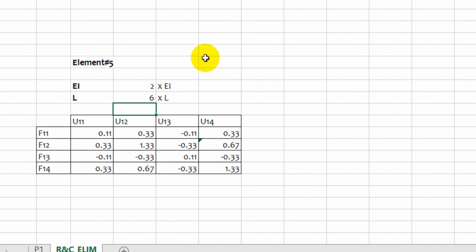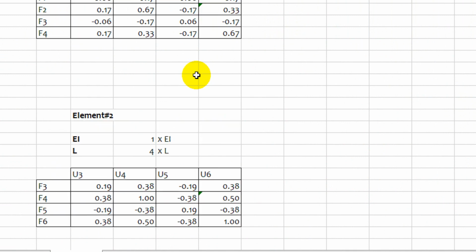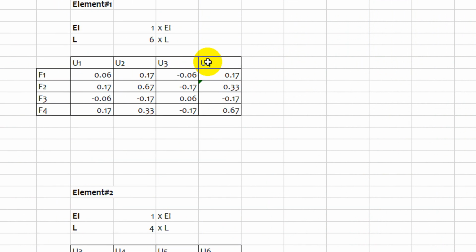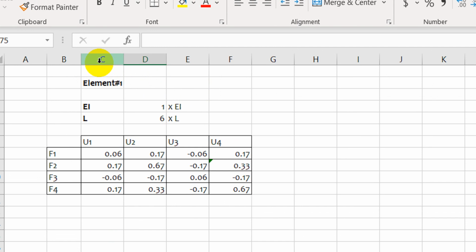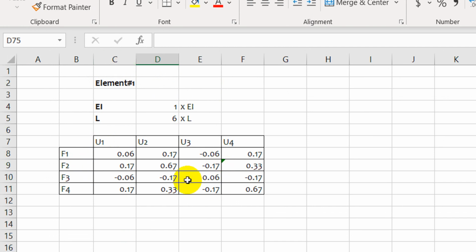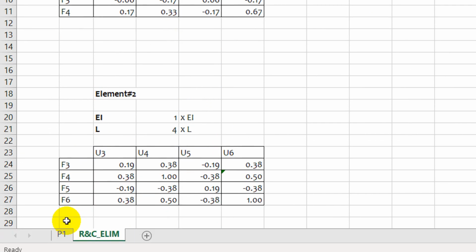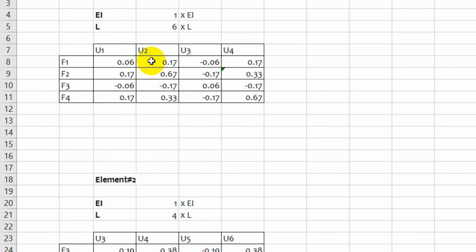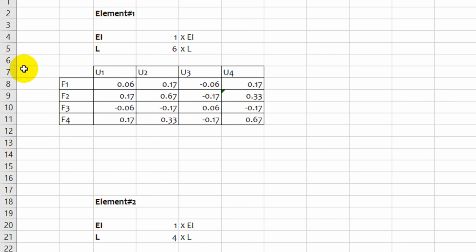Now we will just add rows and columns to this matrix such that it is 13 by 13 to plug it in, just to make our life easy.